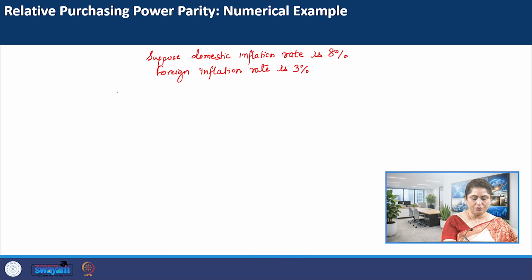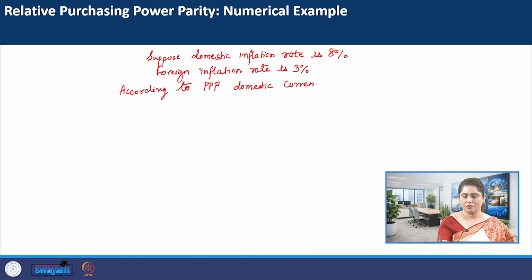Then according to PPP, the domestic currency should depreciate. And by how much? It is going to be represented by this E PPP, where 1 plus inflation rate of the domestic country over 1 plus inflation rate of the foreign country, minus 1.